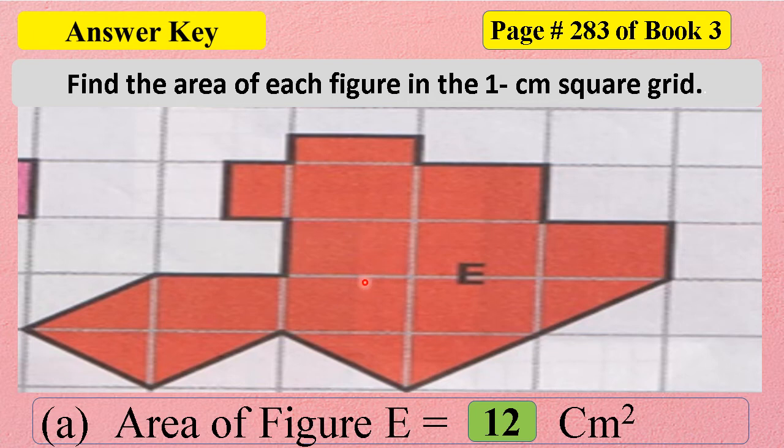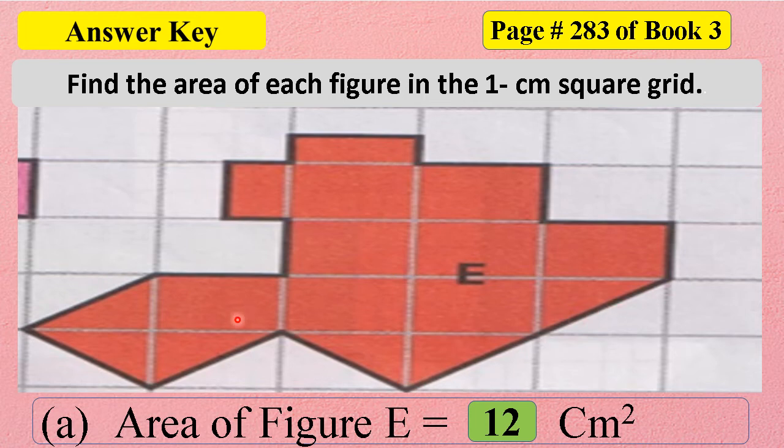We count its square units. Half square unit is equal to 1 square unit. Half square unit is equal to 1 square unit. 1 plus 1, 2. 3, 4, 5.